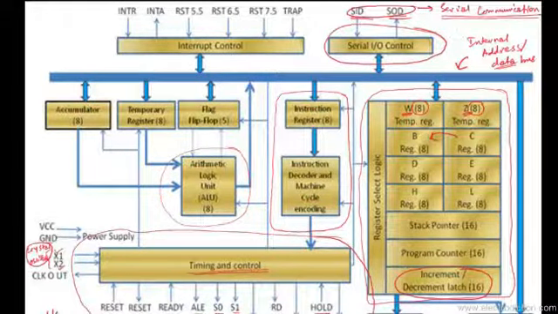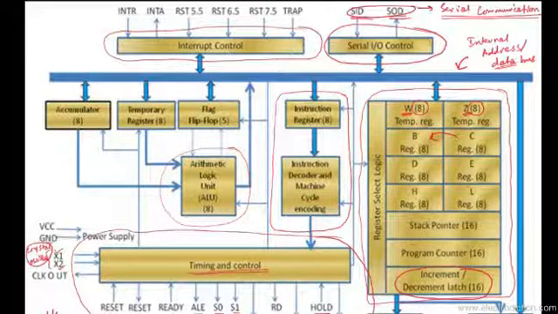And we also have the interrupt control section, which consists of flip-flop stages and several interrupt pins. In all, there are 6 interrupt pins, starting from the TRAP, which has the highest priority. Then we've got RST 7.5, 6.5, and 5.5, and finally 2 other interrupt lines: the INTR with the least interrupt priority, and the interrupt acknowledge.